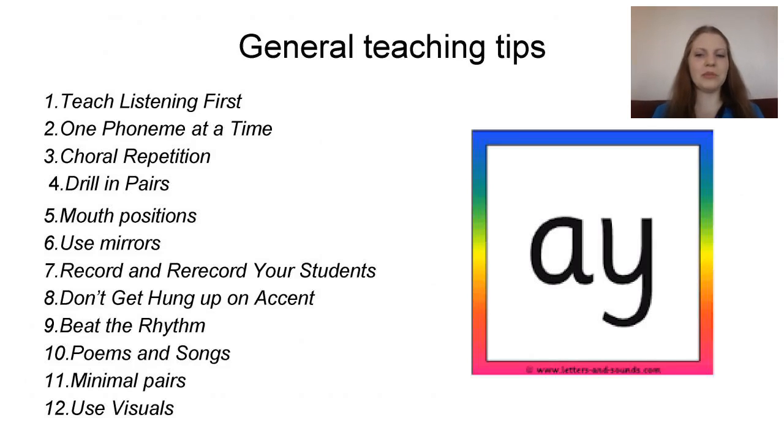If they're not making any mistakes, then there are other things to work on rather than trying to eradicate the accent. Another thing that can help you is beating the rhythm. So sometimes something as simple as beating the rhythm of a word or a sentence on your desk or with your hands can help your students to understand word or sentence stress, and they will begin to understand syllables and syllable length.